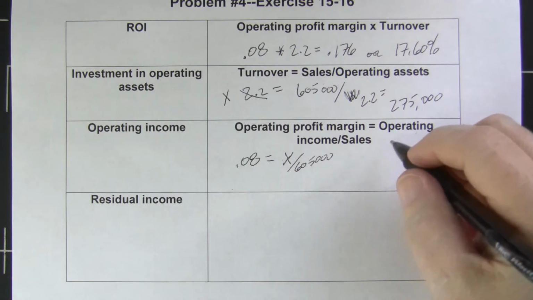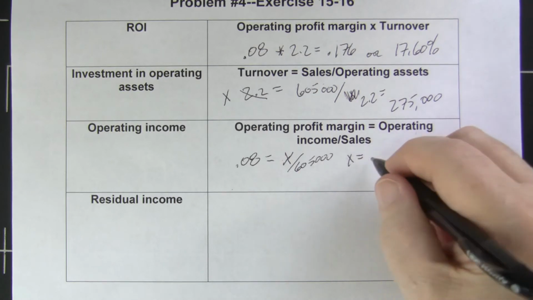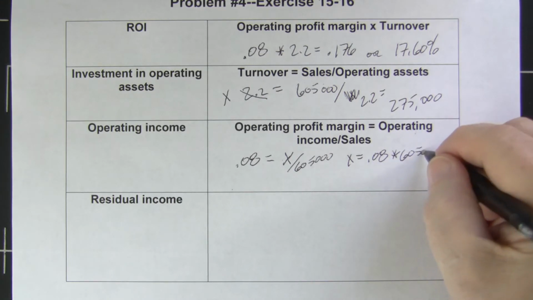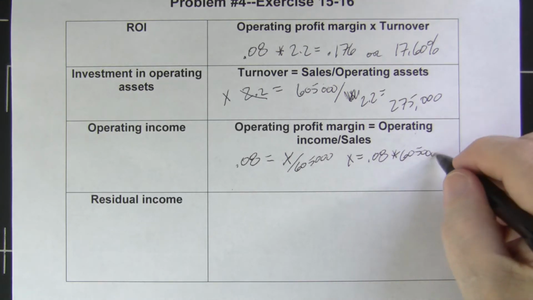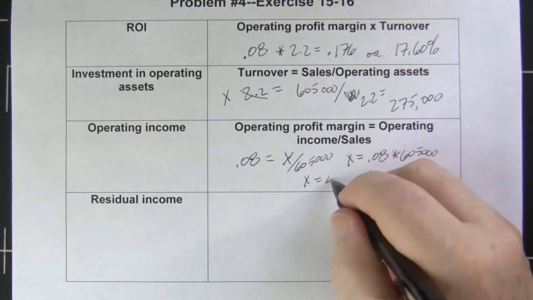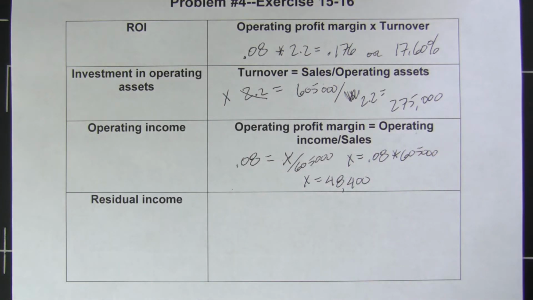And what we need to do here is simply multiply both sides by 605. And we come up with our operating income of 48,400. Now, don't freak with the math. Go buy Math for Dummies. Go download the formulas from Chegg. You can do this. It's regular math. It's just that you haven't done it since 6th or 7th grade.